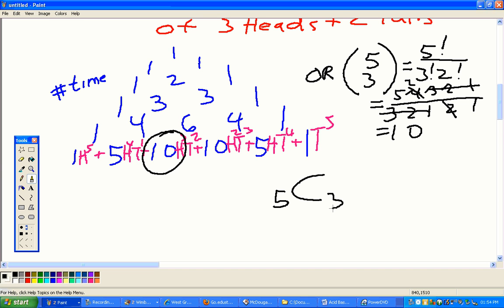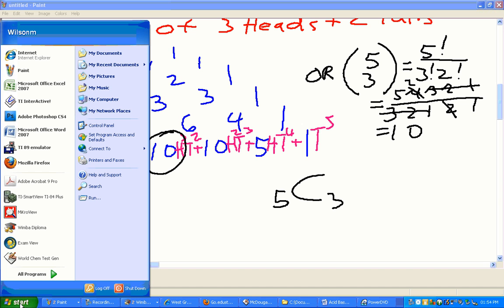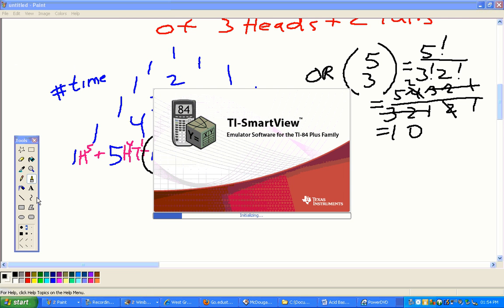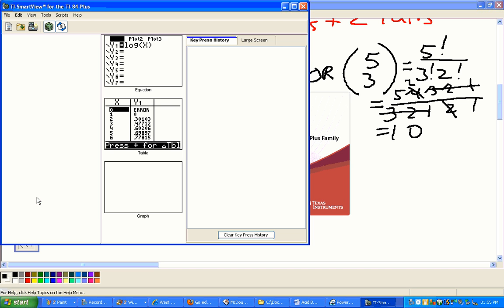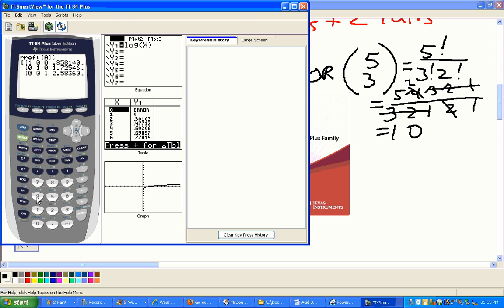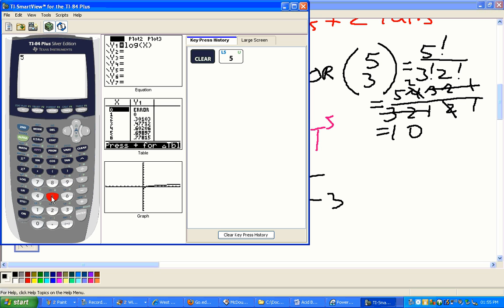So if we know the magic way of writing this into our calculator, I'm going to put in a 5, and we're going to go to math.